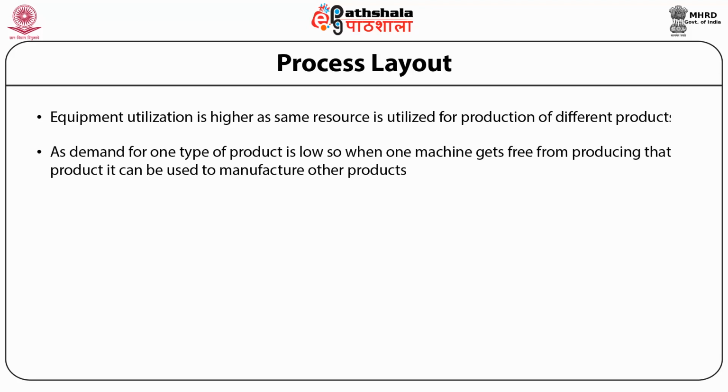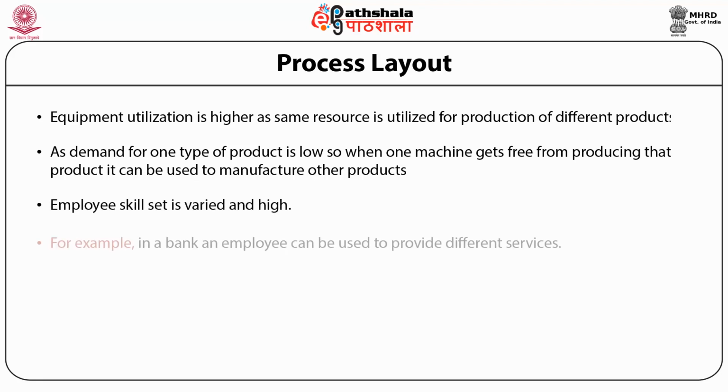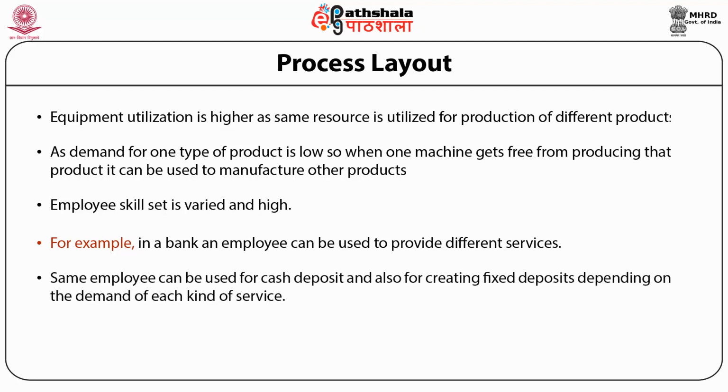Equipment utilization is higher as the same resource is utilized for production of different products, as demand for one type of product is low. So when one machine gets free from producing that product, it can be used to manufacture other products. Employee skill set is varied and high.